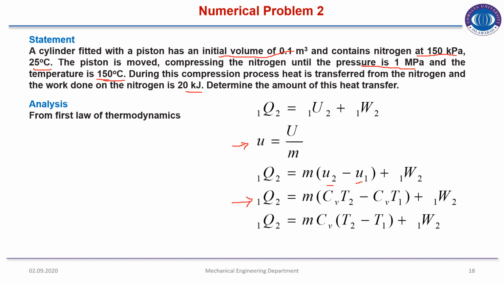Q1 to 2 is equal to m (CVT2 minus CVT1) plus W1 to 2. As specific heat at constant volume is constant, we took the value out of the bracket and the expression becomes Q1 to 2 is equal to m CV into (T2 minus T1) plus work from 1 to 2.